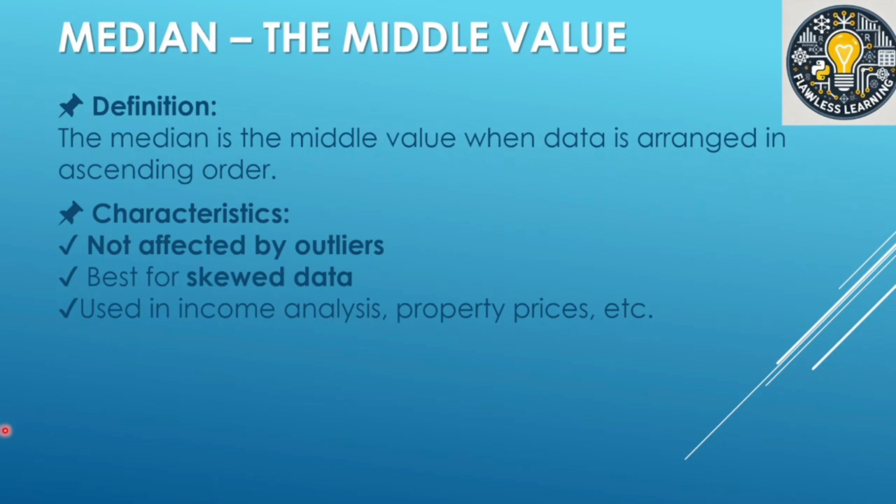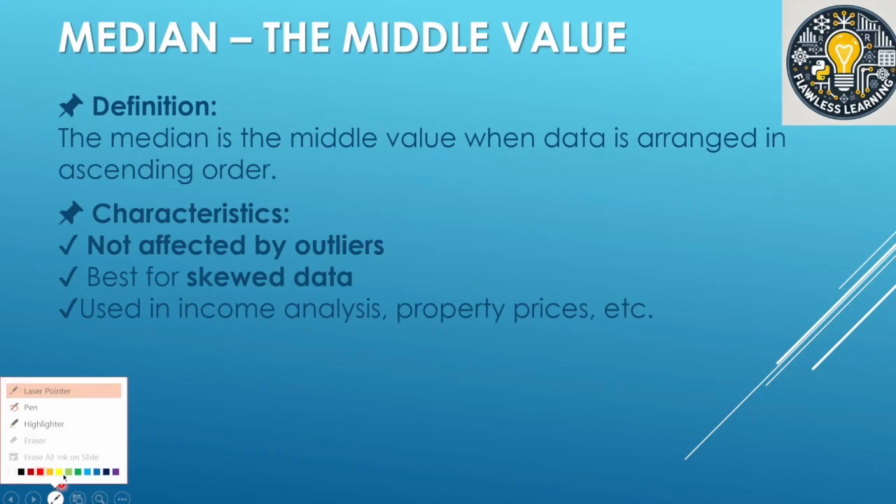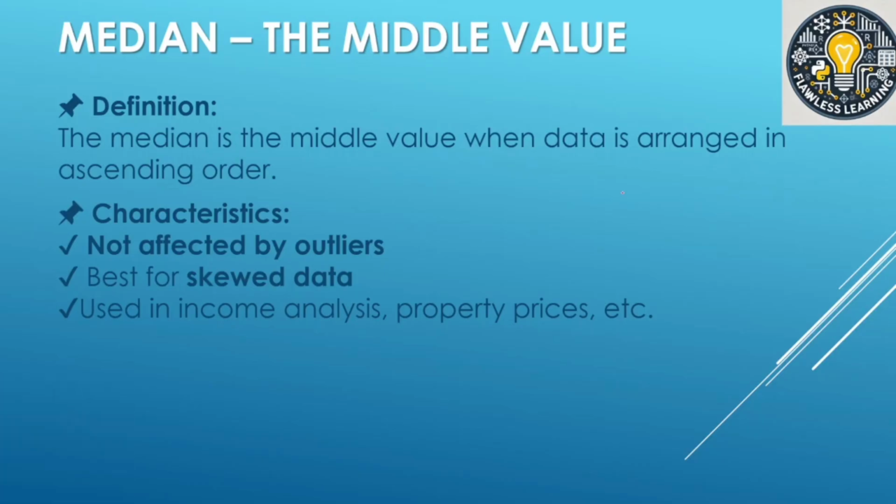Let me talk about one or two lines on skewed data. If there's a data set with a distribution structure like this, this is basically a normal distribution, that is normally distributed.